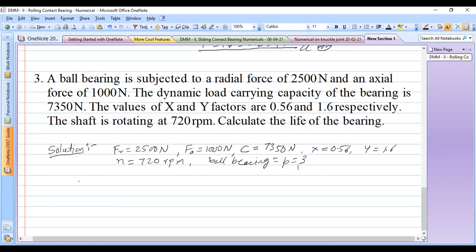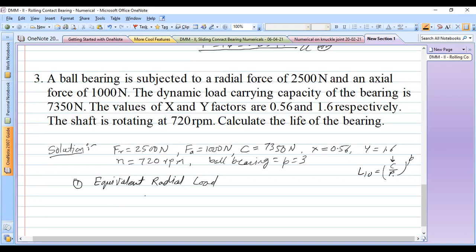Now, first we will find out the equivalent radial load. Why do we have to find it? We have the formula L10 is equal to (C by P) raised to the power p. We know the C value, but we don't know the P value here.